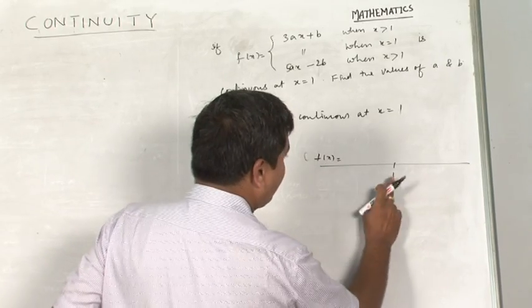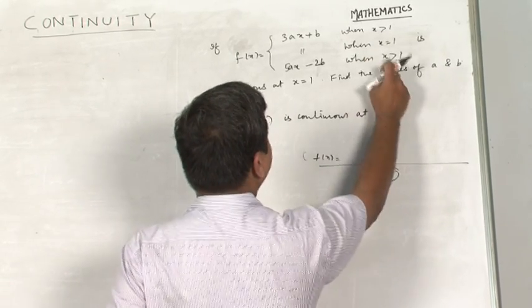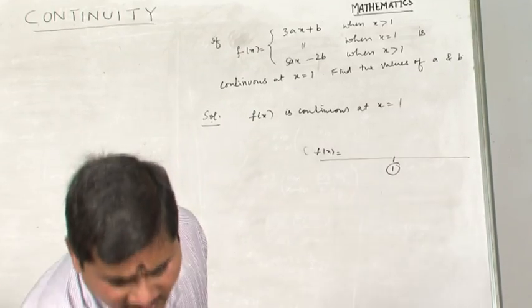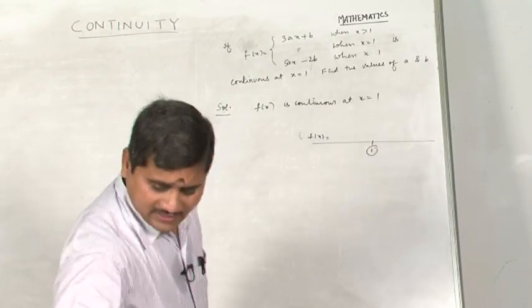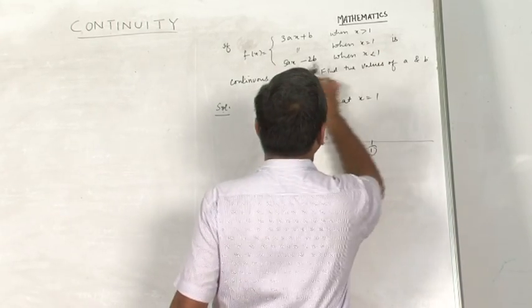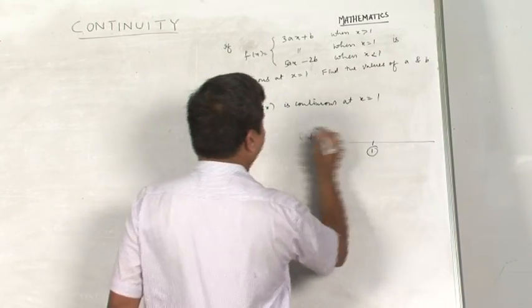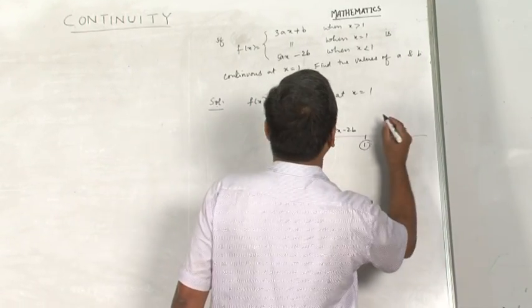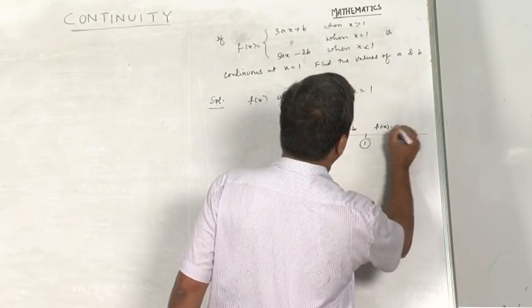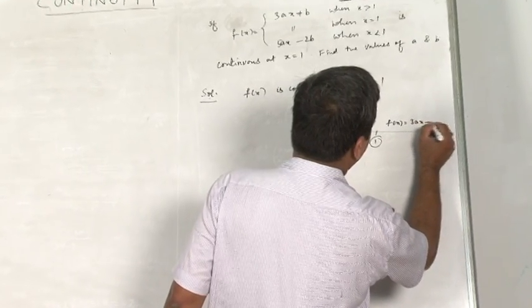See, to the left of 1, where x is less than 1, I am sorry, it is x less than 1. So, when x is less than 1, on the left side, it is 5ax minus 2b. To the right of this, f of x is equal to 3ax plus b.